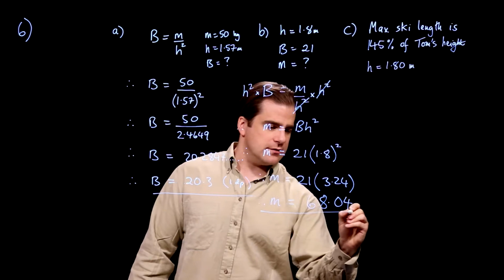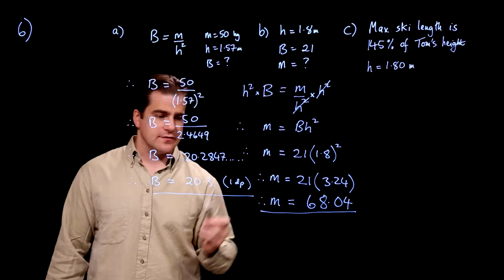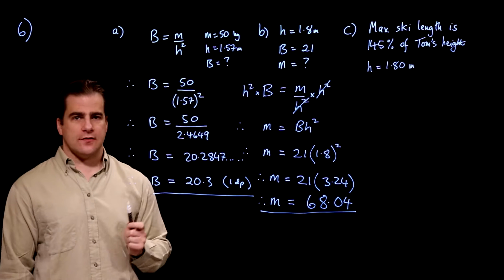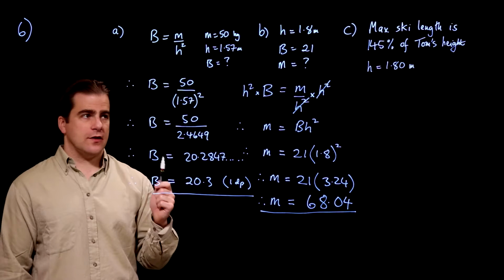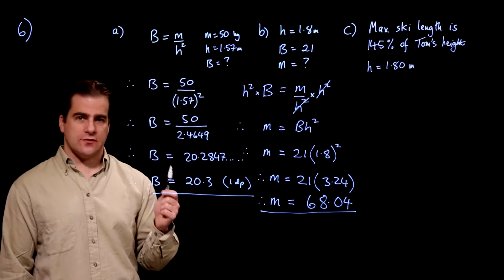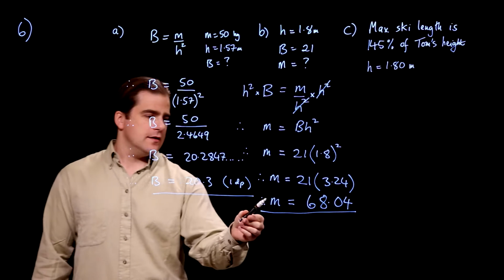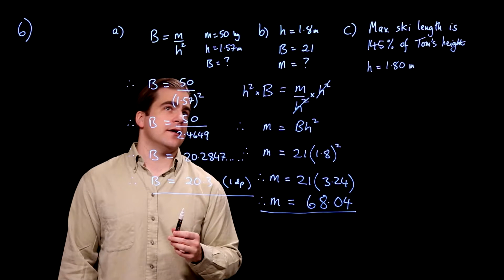Now, we're going to leave it at 68.04. We're not doing this to one decimal place because they didn't tell you that in the question. When they don't tell you how many decimal places they want, you have to make a sensible choice yourself, and in this case it's m, which is mass.